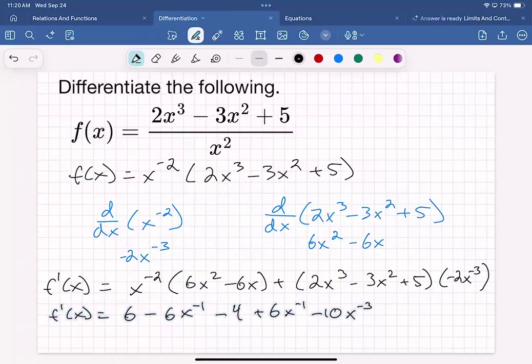Well, yeah, one of them cancels out, right? That's not always going to happen, but again, we kind of saw that one of those things should cancel out from the previous problem. So make sure you see here that, hey, that's kind of nice. Those are gone. After I do that, combining like terms, I'll have 6 - 4, and then I just need to keep the -10x to the -3.